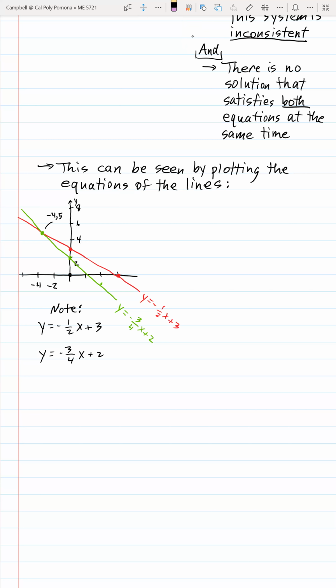And that's the only point where we have a solution for the first line that is the same as the solution for the second line. So this is the original.